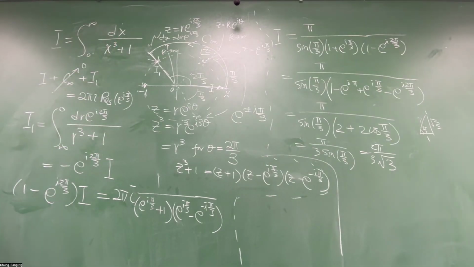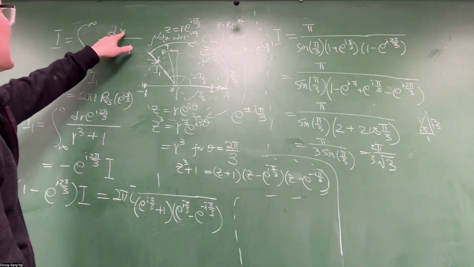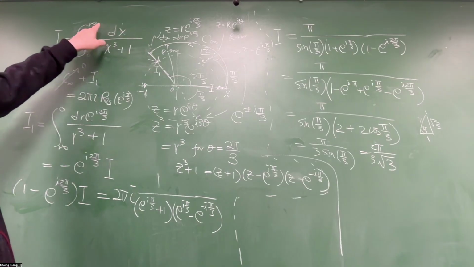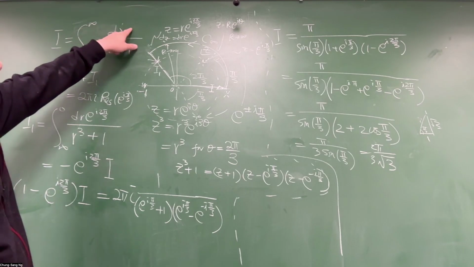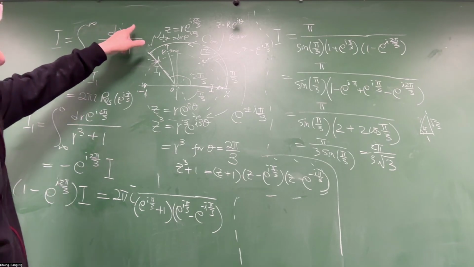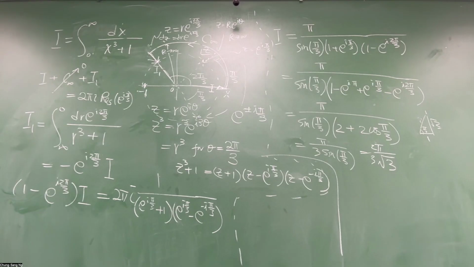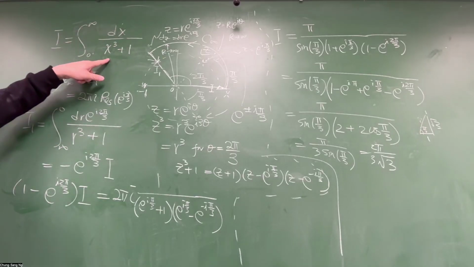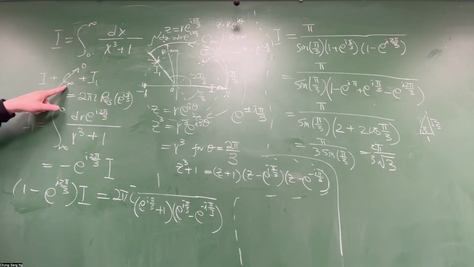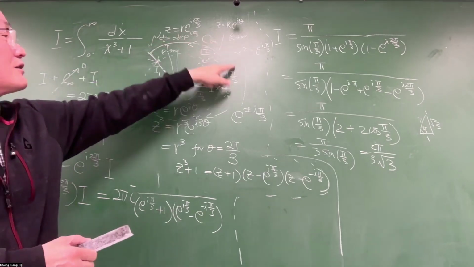And then you have another r, right? This is r, and then e to the i theta times i. If you write it explicitly. Where is one of those e's? This one, yeah, this one is here. This one is this path.